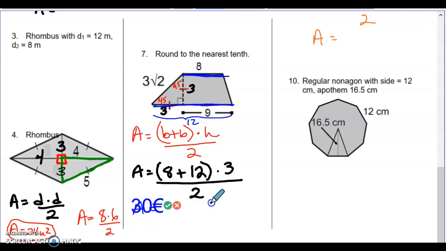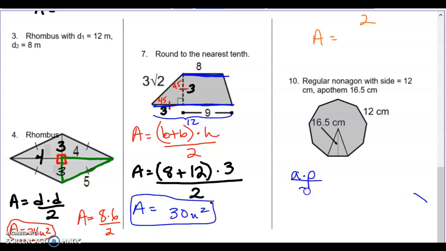We have a polygon, so it'd be apothem times perimeter divided by 2. So on this one, it says I know the apothem, so apothem would be 16.5 times, I know the side is 12, and this is a nonagon, it said, so that means that we would want to take 12 times 9, so that would be, what would that be, 108?